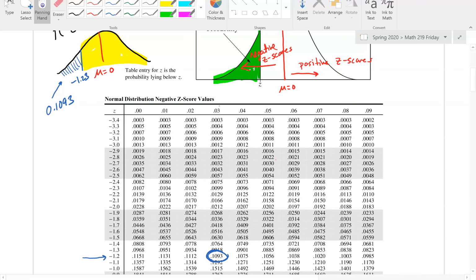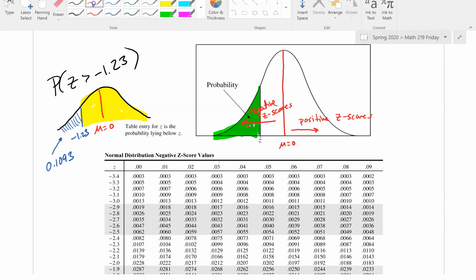Well, again, I don't want that area. I want this area highlighted in yellow. To find it, we know everything is 100% or 1.0. And all I need to do is just subtract away this bit, which I do not want. So I'm going to subtract out 0.1093.